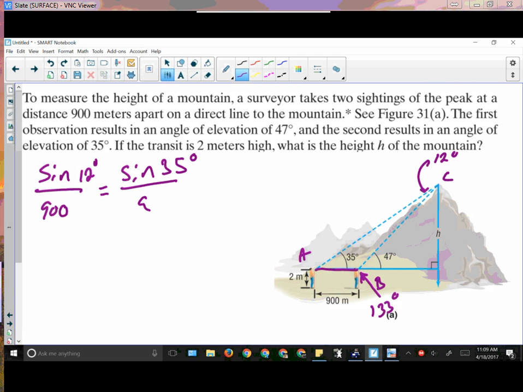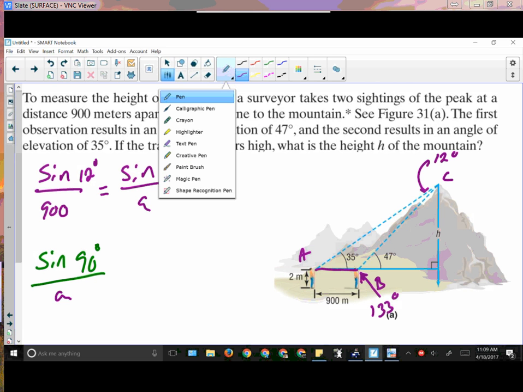Because then, could I set up the other equation based off over here of the sine of 90 degrees over whatever that A was?